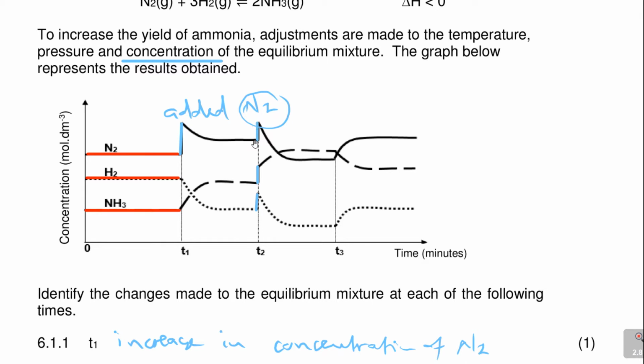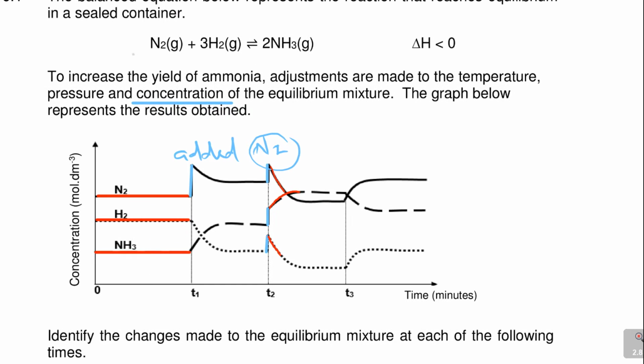Look, after that, nitrogen was high, started decreasing, and yes, hydrogen also started decreasing. So nitrogen and hydrogen started decreasing. And then look at the ammonia. Ammonia increased.